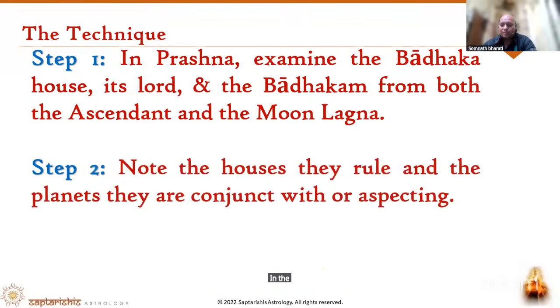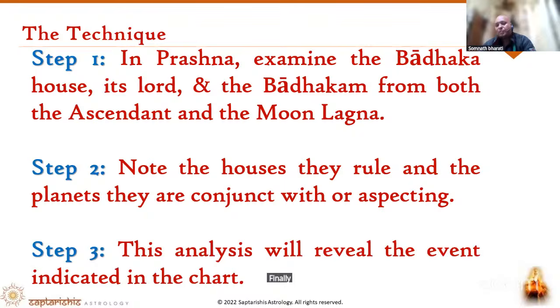In the next step, we are going to see what houses these planets own, and if they are conjunct with any other planet, and what kind of aspectal relationship they have with those planets. Finally, when we bring all of this together, it will show us the event in the chart.